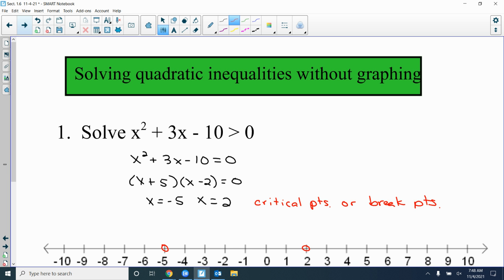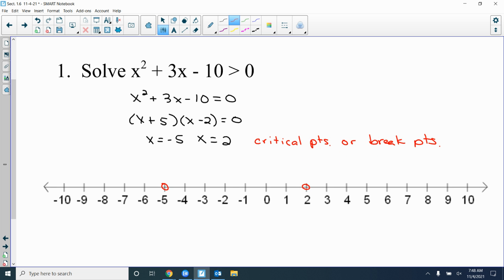I just need one test point from each region. It doesn't matter. So this is going to break our number line into 1, 2, 3 regions. I'm going to pick x equals negative 8, and it really doesn't matter.